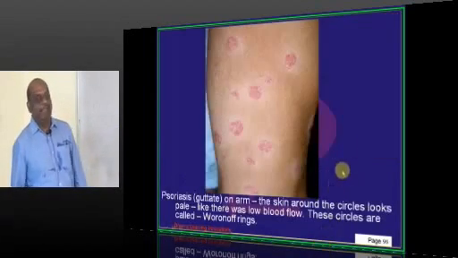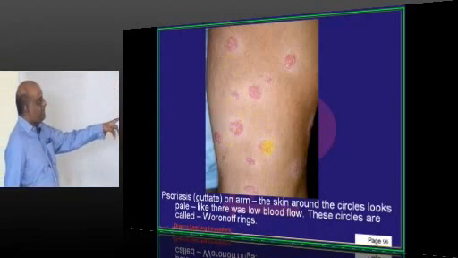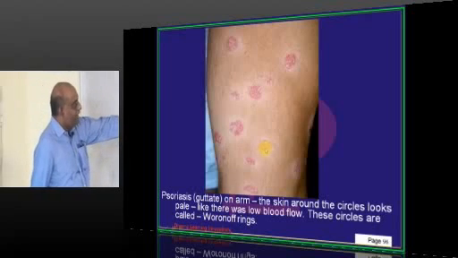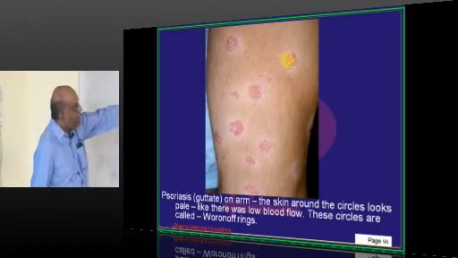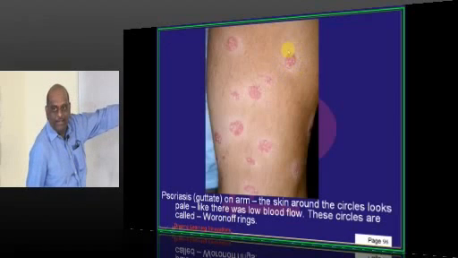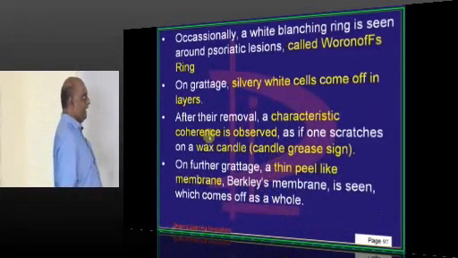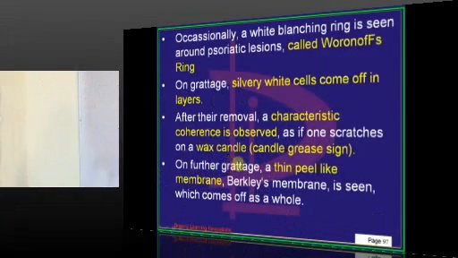This is another example of a psoriasis patient where you get a feeling that the blood flow is decreased around the lesion, looking at that pallor. That's called Von Roth's ring is what you have to basically remember.